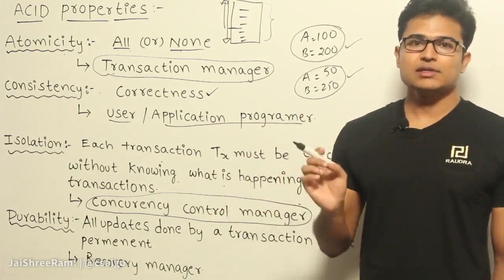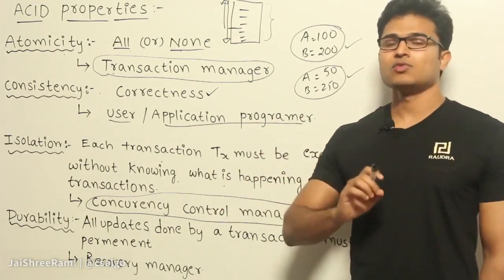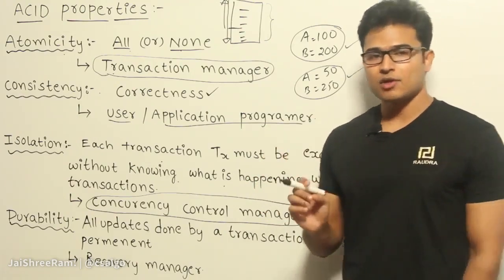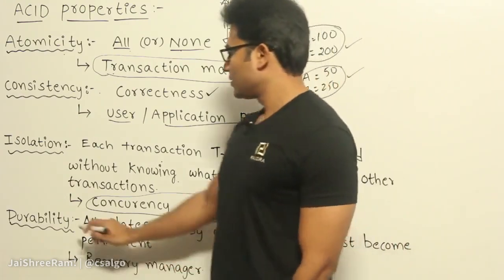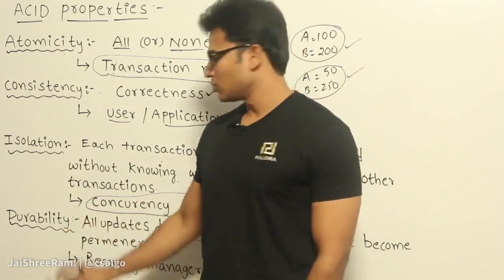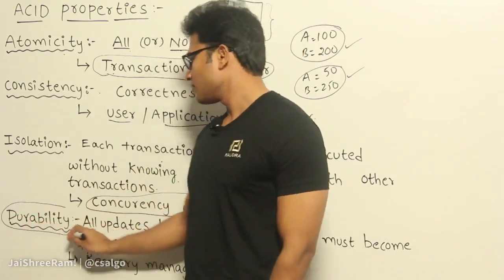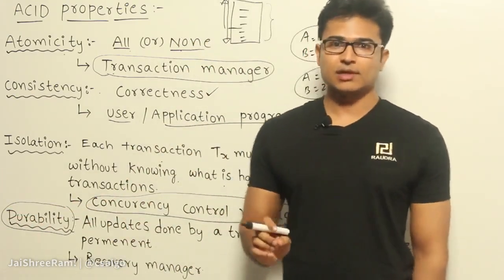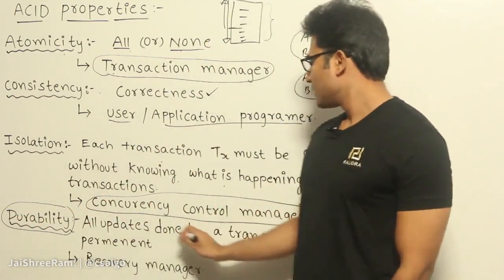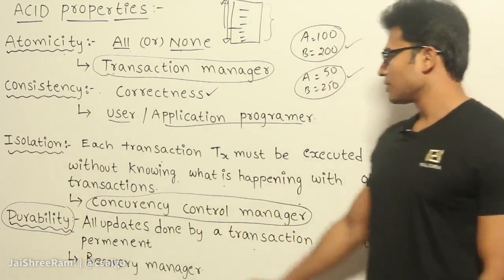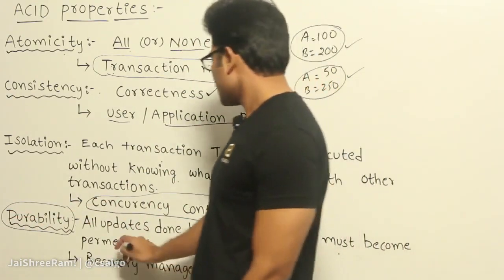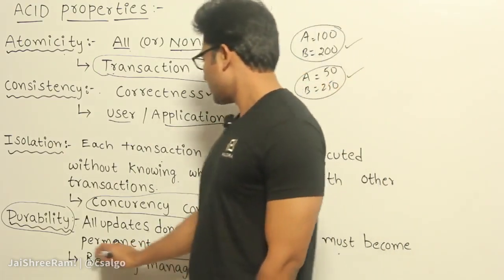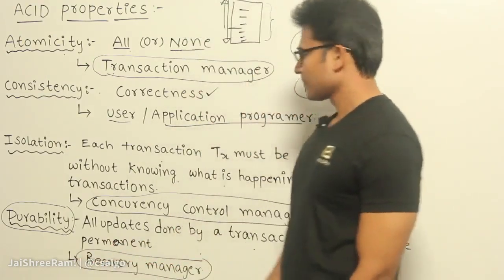Whatever changes you made and want to be permanent should be permanently available. If they are not, it is going to be a problem, right? So durability says that whatever modifications you do should be permanently present in the database. All the updates done by a transaction must become permanent, right? So who is going to do this? The recovery manager is going to do this, right?